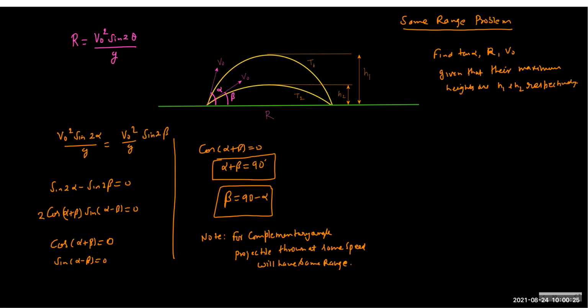So the only thing which you know is h1, h2 and the fact that they have the same range. Can you find these values? Yes, sir. Okay, so go ahead and try.